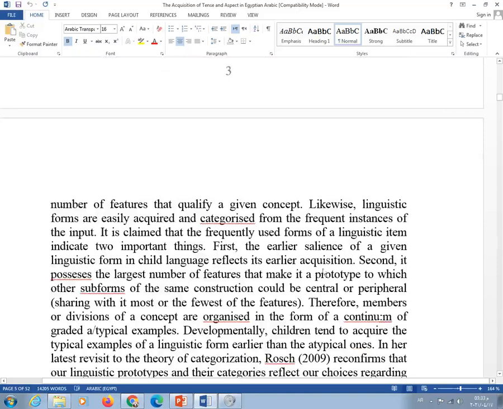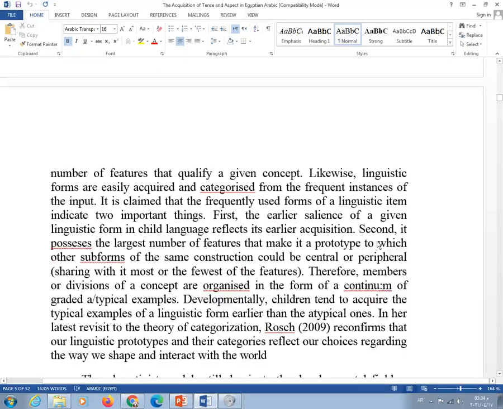If a particular form in child language is so unmarked, so prominent, children will acquire it first. This is what she named prototype theory.